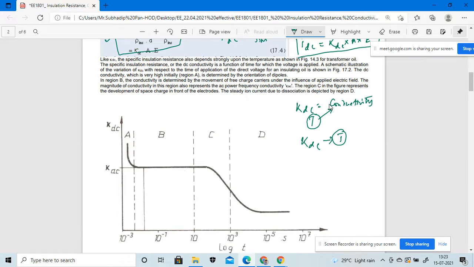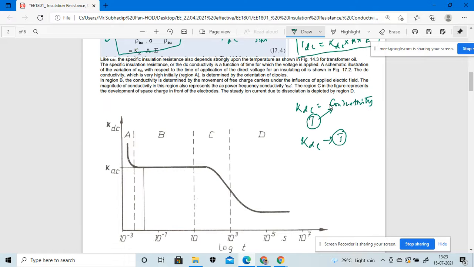If we assume a transformer oil with a very good specific insulation resistance, or a very good DC conductivity, then describing the DC conductivity of a transformer oil should be considered as a function of the time for which the voltage is applied to the transformer.